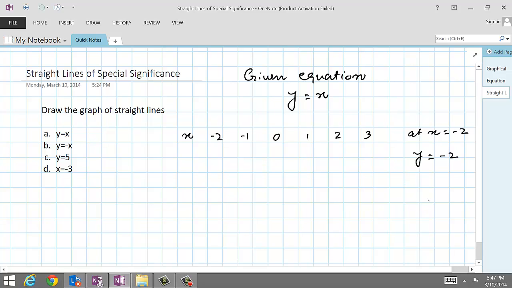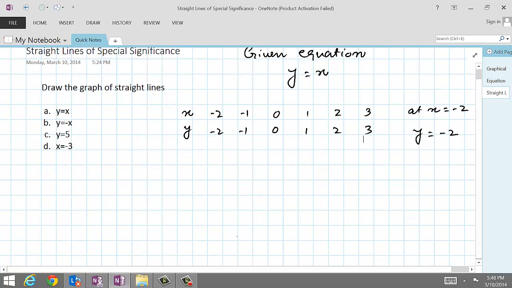Similarly, at x equal to -1, y is equal to -1. So whatever the value of x is, y has the same value. Therefore, the values of the dependent variable y would be -2, -1, 0, 1, 2, 3.